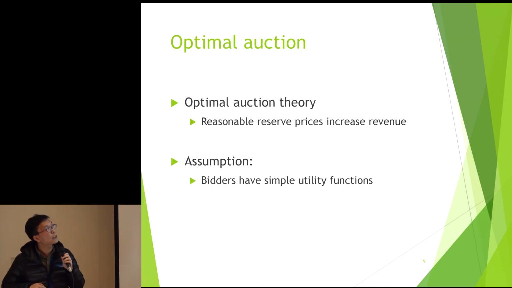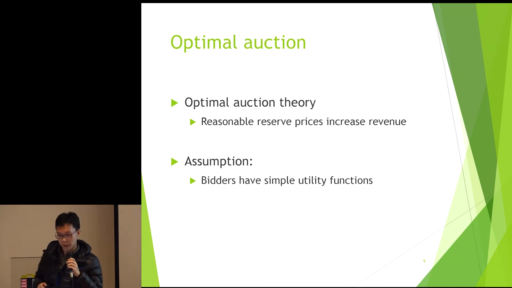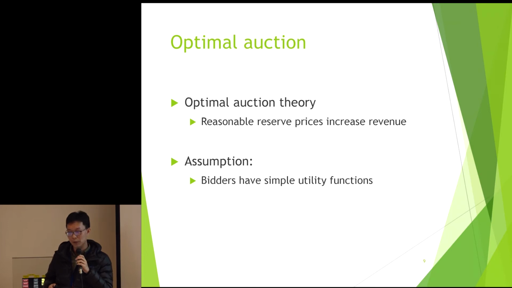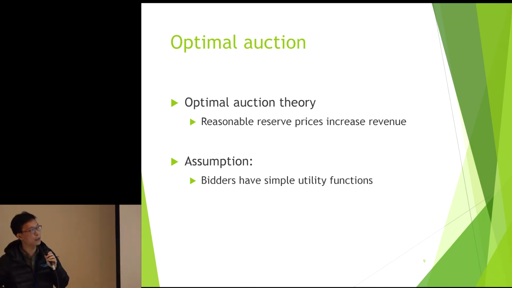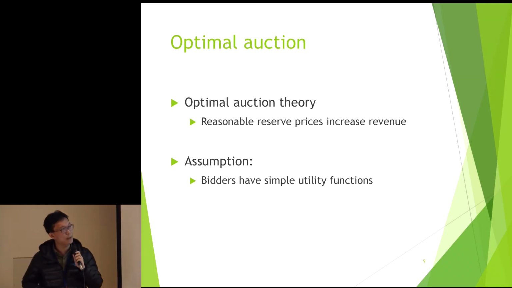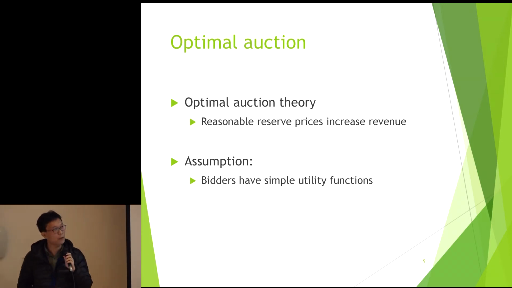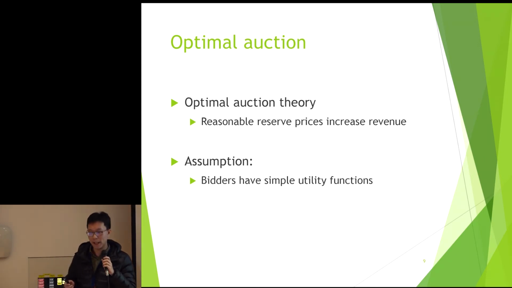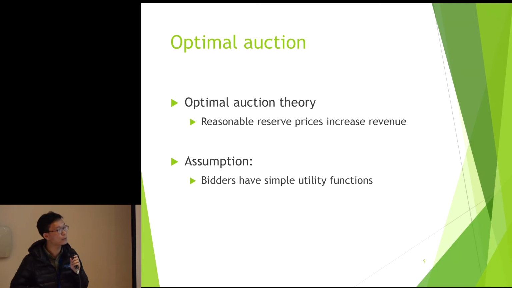Actually, this is exactly what the optimal auction theory does. This theory tells us that reasonable reserve prices can indeed increase the revenue of the platform, but it makes some very strong assumptions. For example, it assumes that the bidders have simple utility functions which can be fully characterized by a single parameter called value.